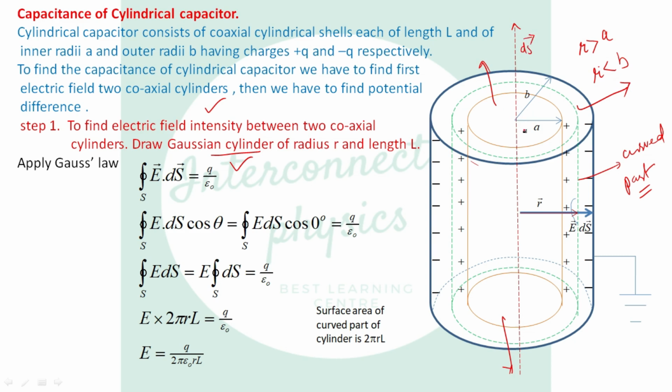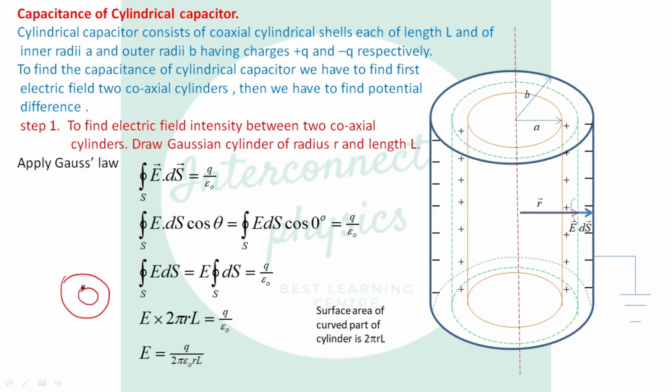And the electric field direction, you see here, this is the upper part of the inner cylinder, this is the upper part of the outer cylinder. The inner cylinder is positively charged and the outer cylinder is negatively charged. You see here the negative charge, and the direction is from positive to negative, that is, directly outward from positive to negative.